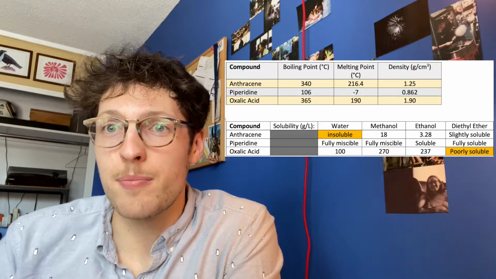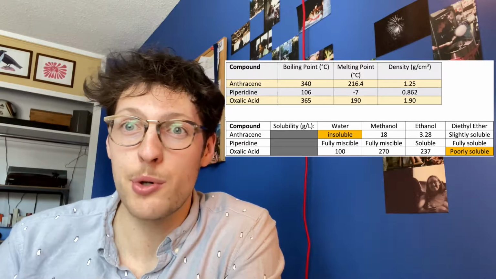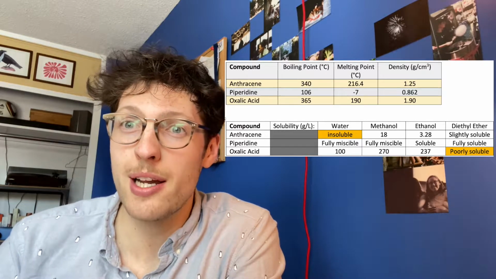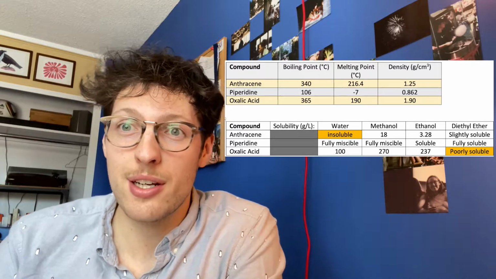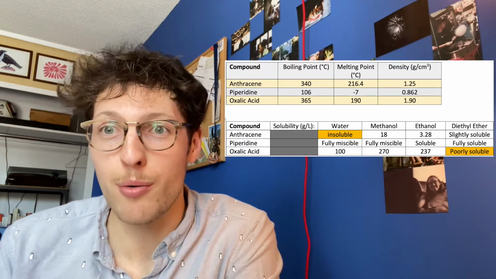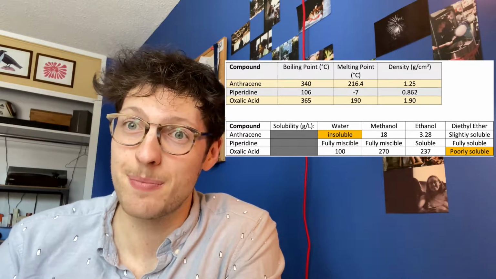However, because anthracene is not soluble in water, and even if it were, water has a boiling point of 100 degrees Celsius, if you try to reach the boiling point of one of these three unknowns, you actually end up boiling off the water before removing any of the other compounds which you actually want to isolate.